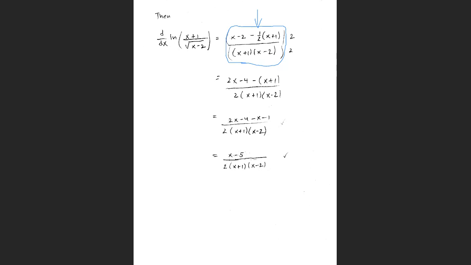The 2 is distributed to both of these terms in the numerator. So in the numerator, I'll have 2x minus 4 minus the quantity x plus 1. And then I can do a little more reduction.